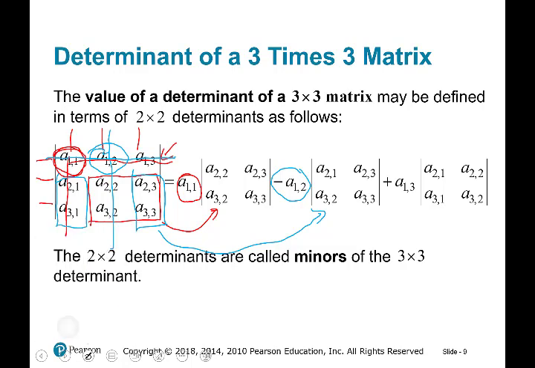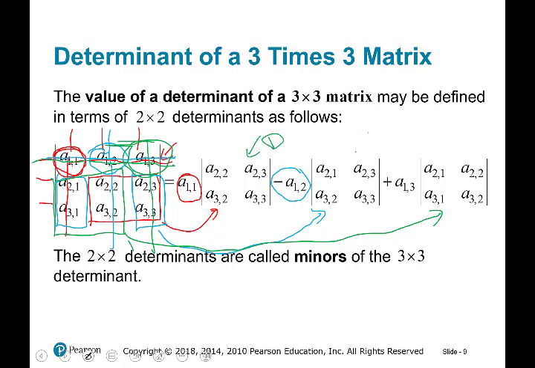Then you go with the third one, which is this one right here. And what you do, you eliminate row and column. So that means that you are left with this matrix, and that's the one that goes here. Okay? And then you find the determinant of this 2x2 matrix, right?